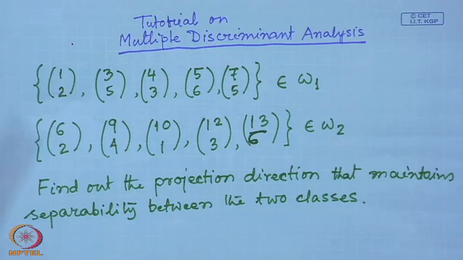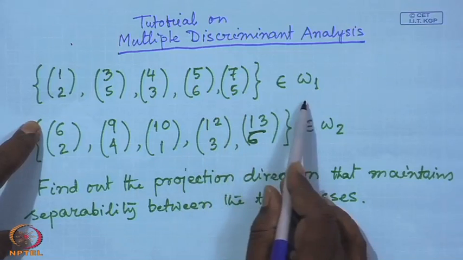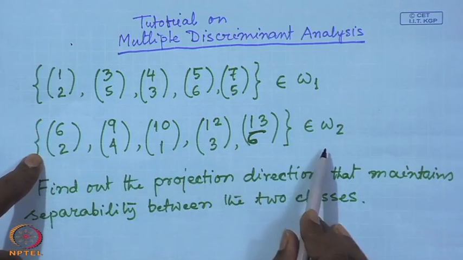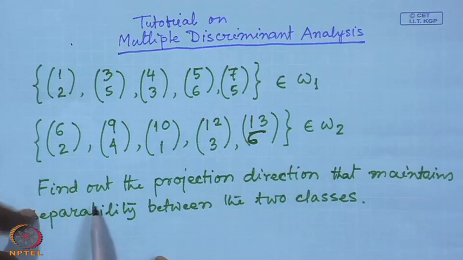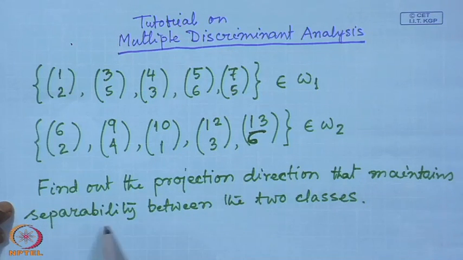So, we have taken this particular problem in the previous class, that there are 5 feature vectors which are taken from class omega 1 and there are 5 feature vectors which are taken from class omega 2, and we want to find out a projection direction for reduction of the dimensionality that maintains separability between the two classes.